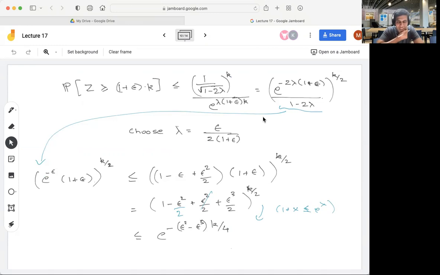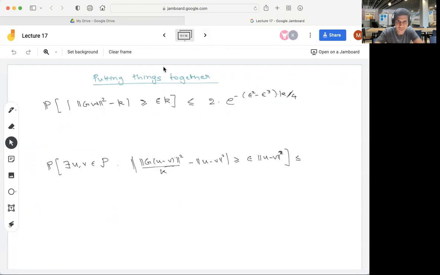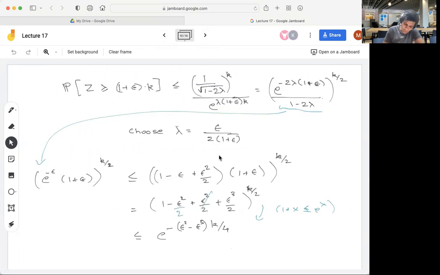I mean, this is just a couple of inequalities. The only conceptual part is the application of Markov and use of independence. Okay, so this is a bound on a one-sided deviation, and I'll leave it as an exercise to show that the probability that Z is too small can also be bounded similarly.